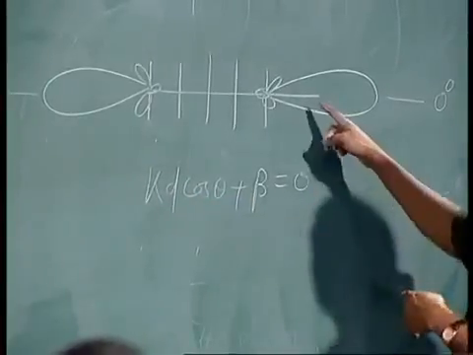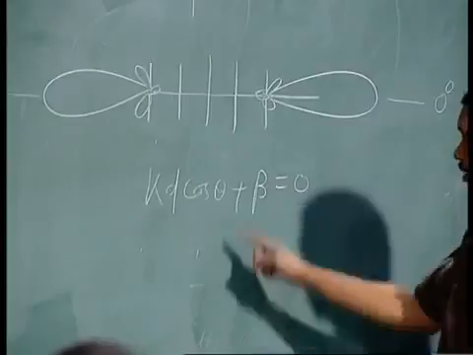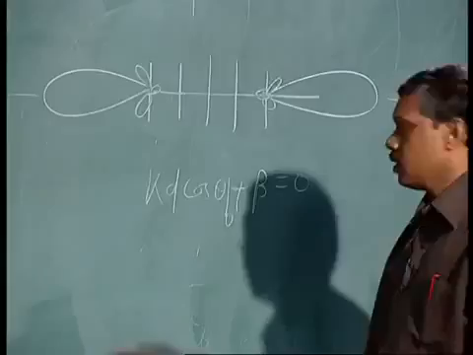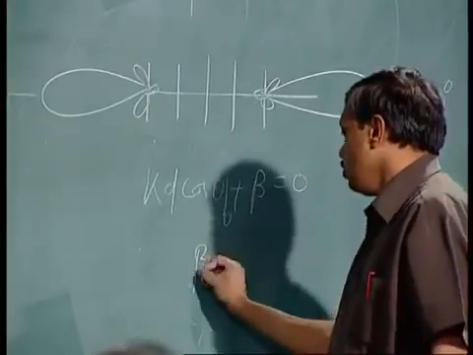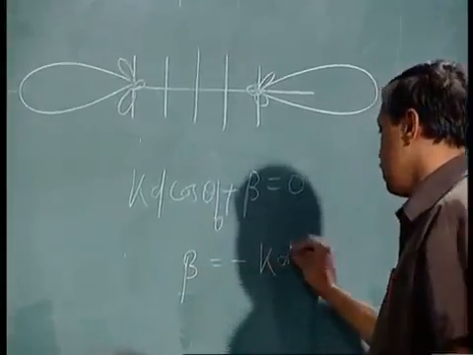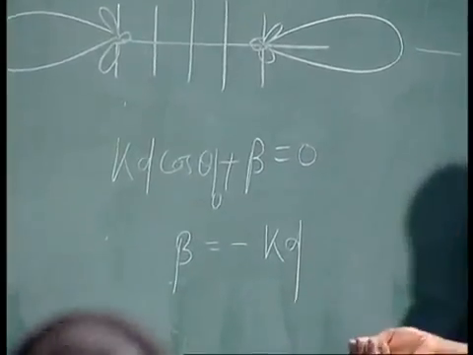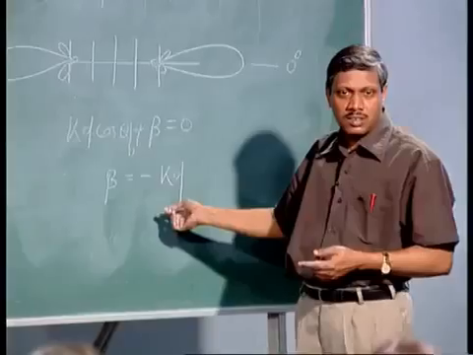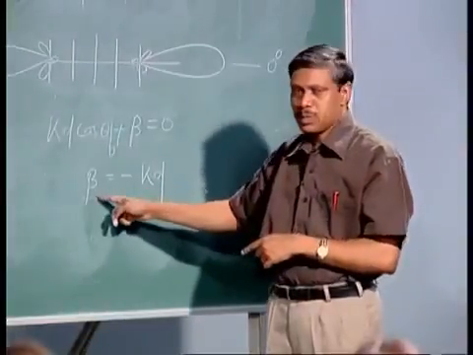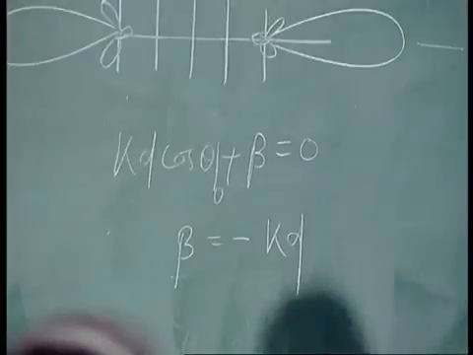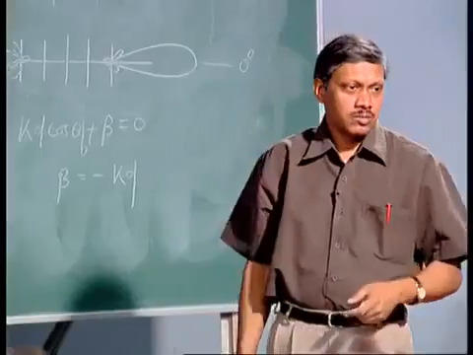Now I want to look for a 0 degree maximum, so my theta will be 0. If I substitute theta equal to 0, then beta is equal to minus kd. Once your array is fabricated, d is fixed. So looking into that d, you must pick your beta in such a way that it should be minus kd, so that you will get an end fire radiation in 0 degree.